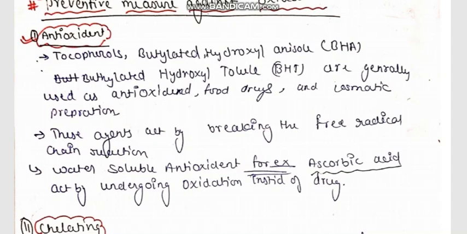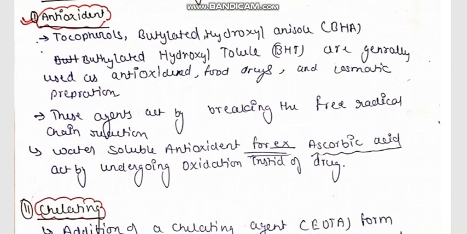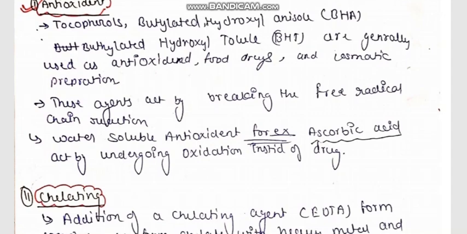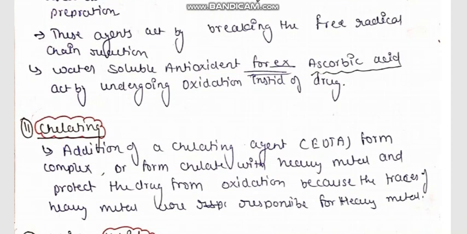If the free radical chain reaction is broken or stopped, then oxidation can also be decreased. Water soluble antioxidant, for example ascorbic acid, acts by undergoing oxidation instead of the drug. It means it sacrifices itself in place of the drug and protects the drug from oxidation.